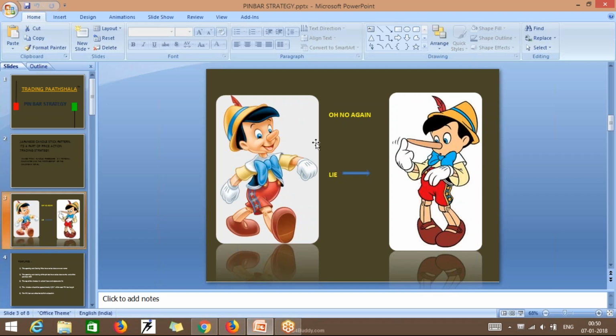If anyone has not seen this cartoon character, you can go and Google about Pinocchio, that whenever he tells a lie, his nose grows longer. So it's a Japanese candlestick pattern, used as a part of price action. It takes its name from Pinocchio's famous nose which grows whenever he tells a lie. The pin bar is also interpreted as a lie, a false statement.